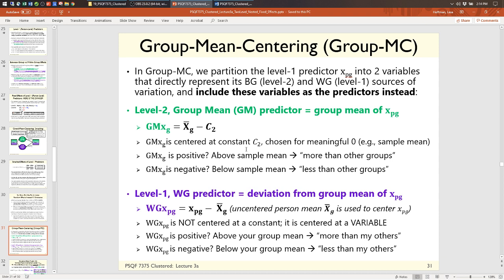This is a very special kind of centering because you're not centering at a constant, you're centering at a variable. You are removing the level 2 variation from this level 1 predictor. So what's left? The within-group X, as I call it here, is only level 1, only within groups. You know then for sure that it can only be the level 1 effect in your model.